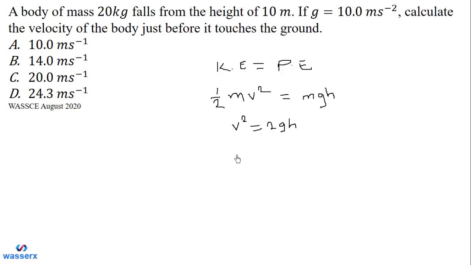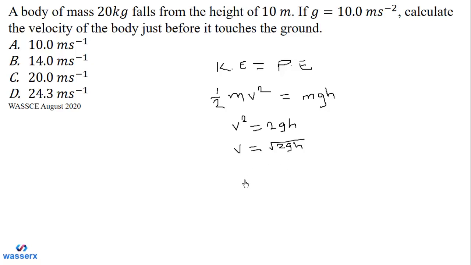Now we can take the positive square root of both sides to get v is equal to square root of 2gh. So we just have to substitute g equal to 10 and h is equal to 10 meters.